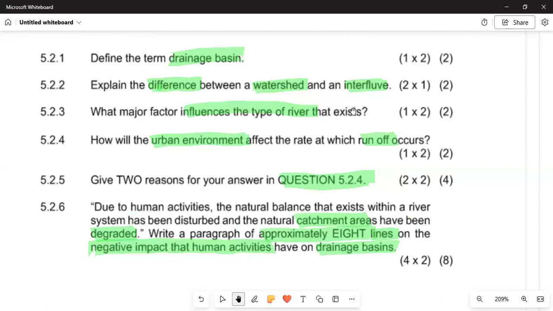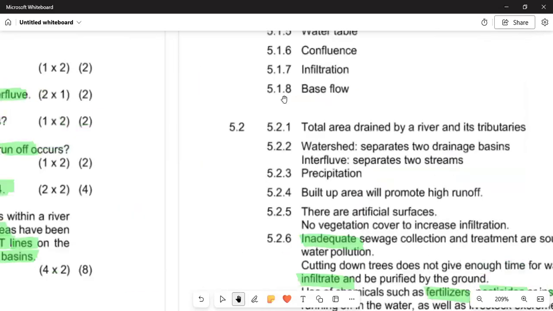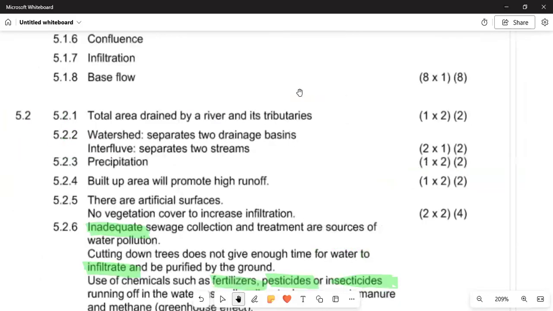And obviously, that is precipitation, the water that is being received. So we are saying the higher the precipitation is, the denser the river will be. So that is directly proportional. So our answer in this case, 5.2.3, is precipitation.